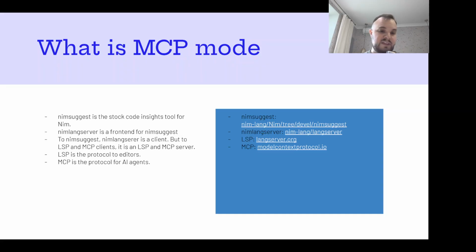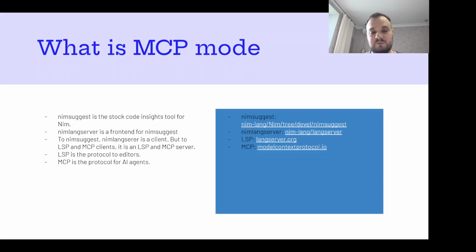When your editor, for example Vim, wants to find all references of a symbol in your file, it would serve as an LSP client. And as an LSP client, it would make a request to something called an LSP server. And when it gets the information from the LSP server, it will be able to show it in your editing window. So pretty much the same thing happens with AI agents.